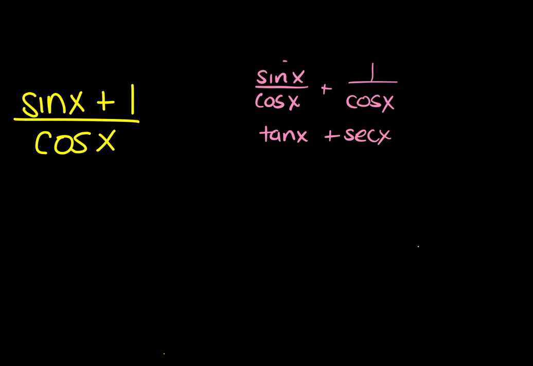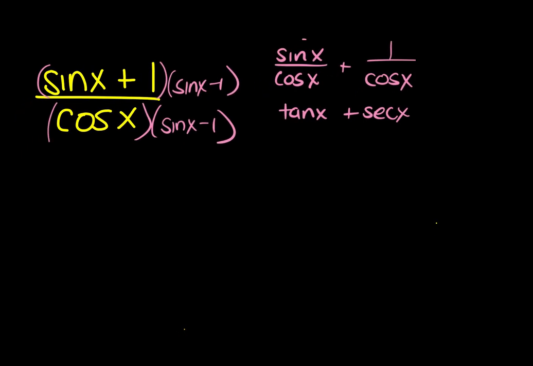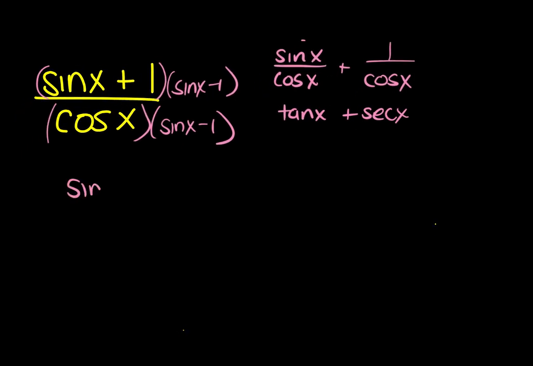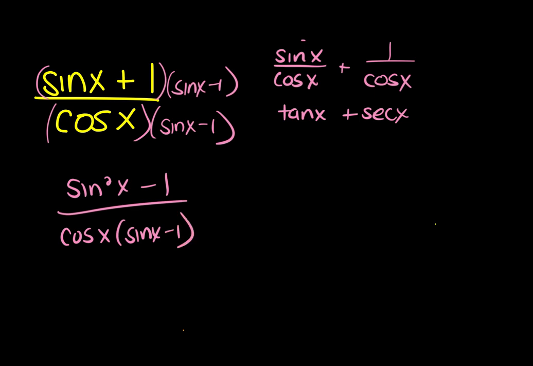What happens when you get stuck also is you can multiply by the opposite of the binomial, remember? So I could multiply this by sine x minus 1 and this by sine x minus 1, as long as I do the same in the top and the bottom. And then the numerator becomes the difference of two squares. Sine x plus 1 times sine x minus 1 becomes sine squared x minus 1 over, and I would keep it out, cosine of x times sine x minus 1.